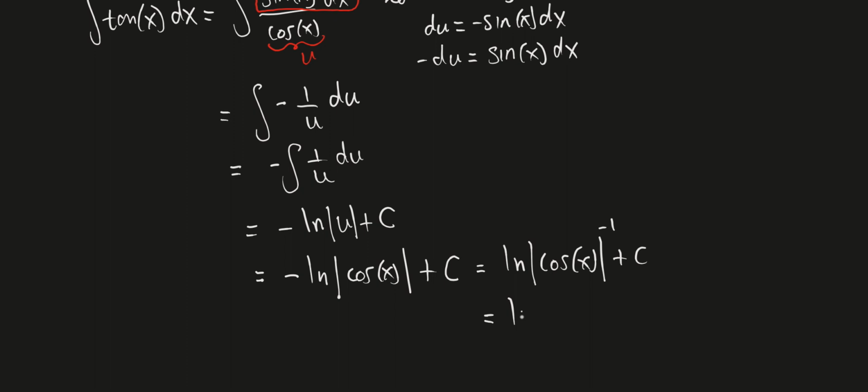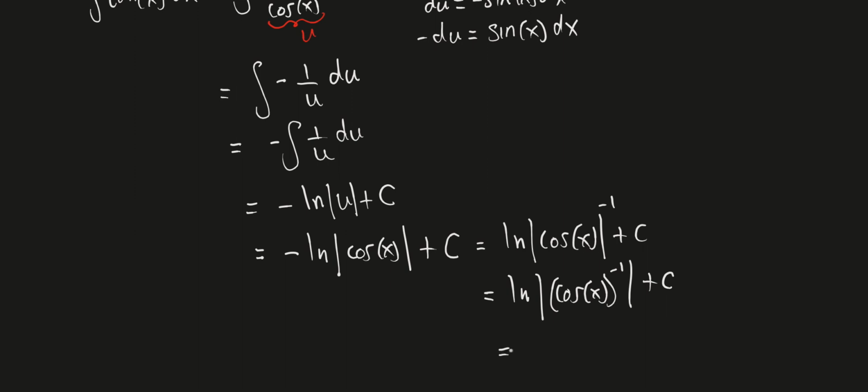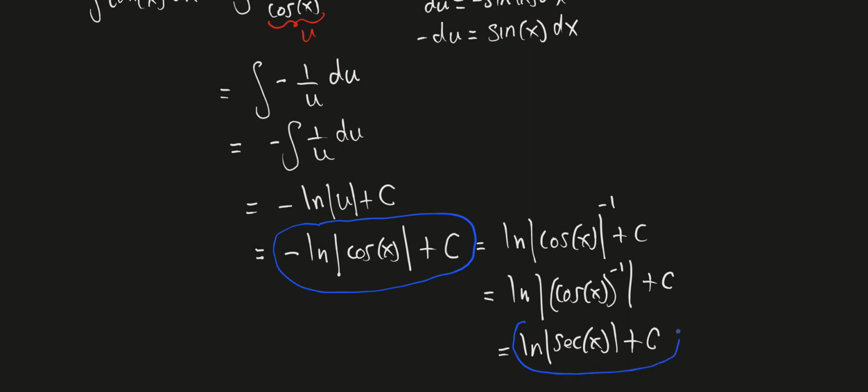So this is the natural log of the absolute value of the cosine of x raised to the -1 power. That's the reciprocal of cosine, and the reciprocal of cosine is secant. This is the other form that is useful when integrating the tangent function, so you might see either of them being used. So now we can integrate our tangent function.